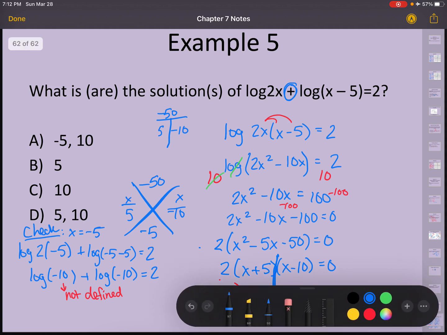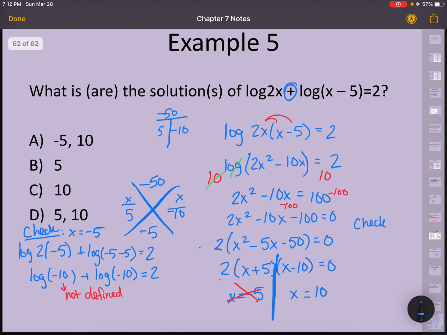Okay, but let's say you want to check x being 10. I have log of 2 times 10 plus log of 10 minus 5, and it's got to equal 2. So when I simplify this, this is log of 20 plus log of 5, which, when I put this together, 20 times 5, because of that plus sign, is log of 100.